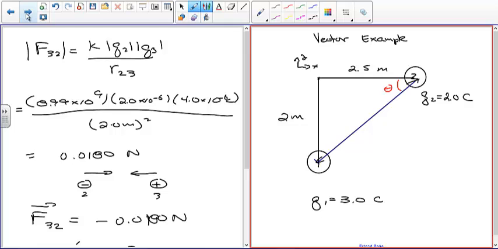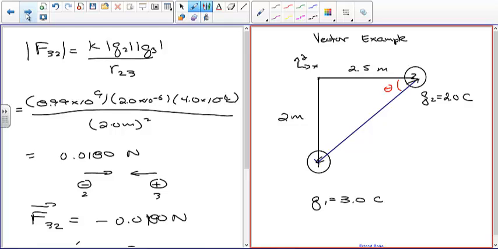So the next case is where you have the charges not in a row, and you have to worry more about geometry. In this case, we actually just have 2 charges, so it's not super complicated. We have 2 positive charges. We have charge Q1, which is 2 meters down from the vertical position of charge 2, which is 2 coulombs.